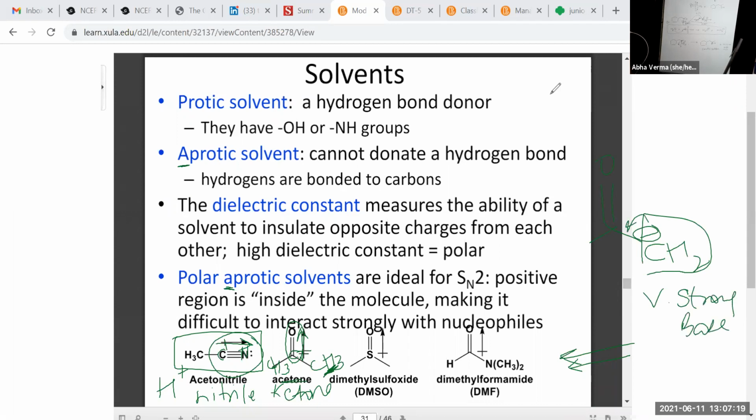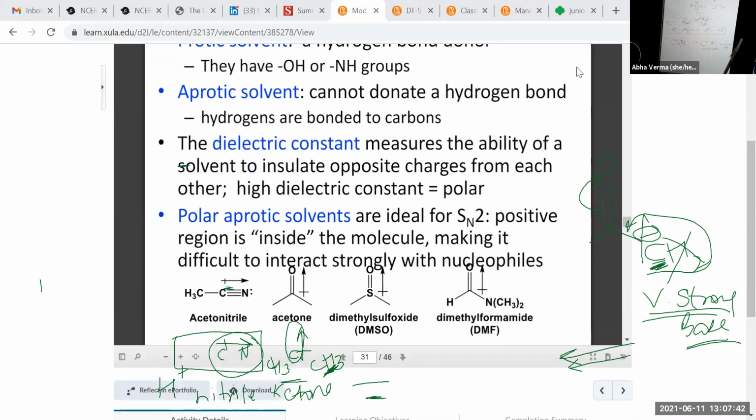Right? So you can argue that, oh, there might be resonance, but before that, look at the atom. Atom will be very strong, and so it is not going to give you any protons at all. Similarly, dimethyl sulfoxide, or in short DMSO, or DMF also.